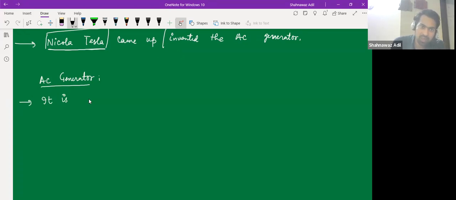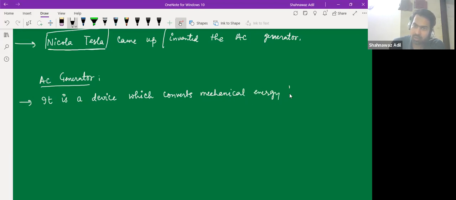It is a device which converts mechanical energy to electrical energy, right? So this is an AC generator.